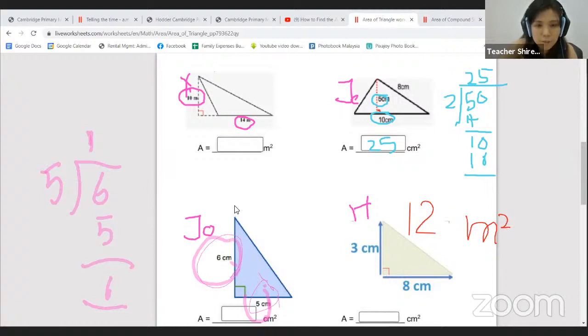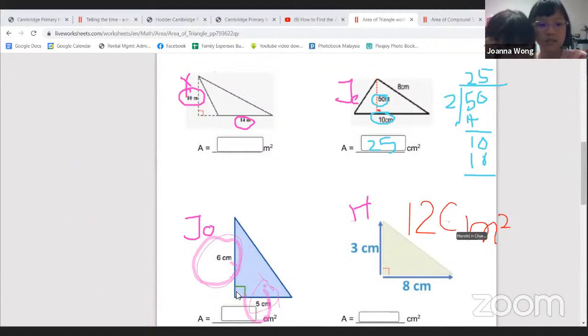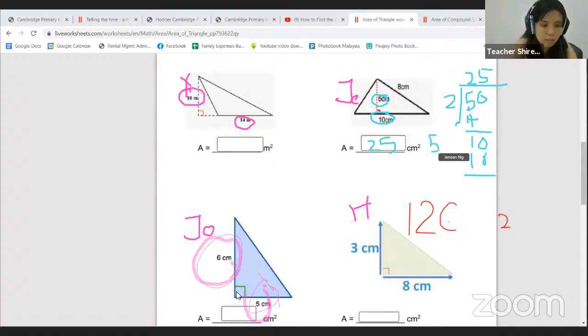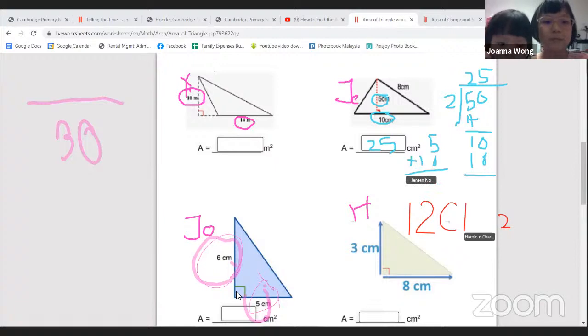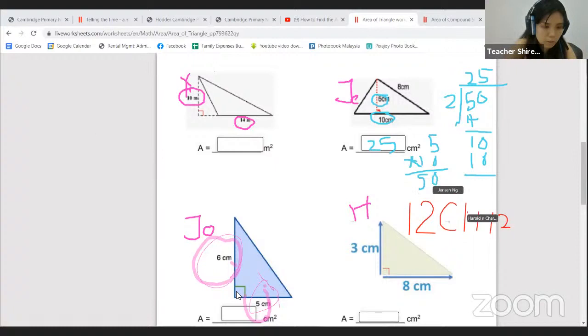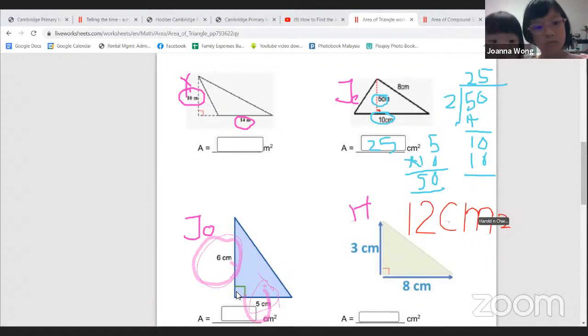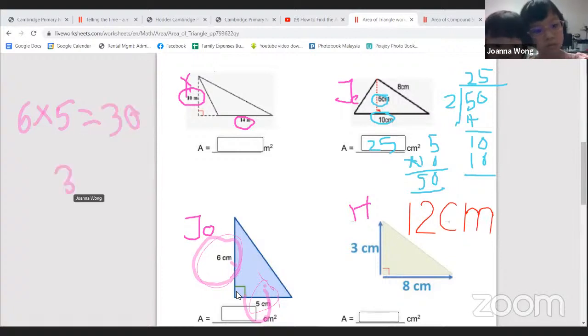You remember you have to do the times first, 6 times 5 first. 6 times 5, 30. Divide 2.